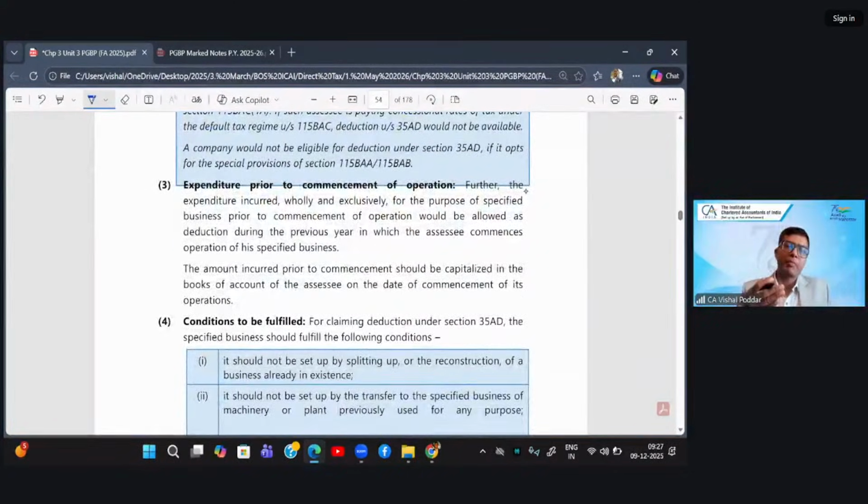So just like additional depreciation, this is also not allowed for the new regime. Next, where you have incurred these expenses even before commencement of business, that is preliminary, capital expenses incurred even before commencement of your operations are also allowed. Obviously, in the year when you start your business.